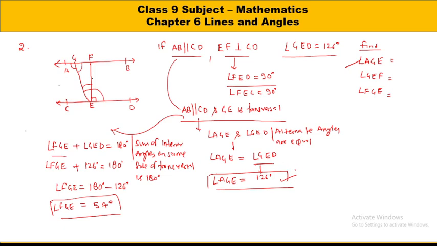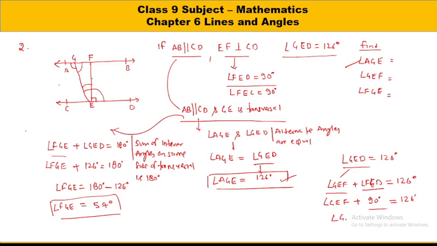Now we can see that it is already given GED is equal to 126 degree. Now GED can be written in two parts, that is angle GEF plus angle FED will be equal to 126 degree. Now GEF is not known, but FED is given as 90 degree.